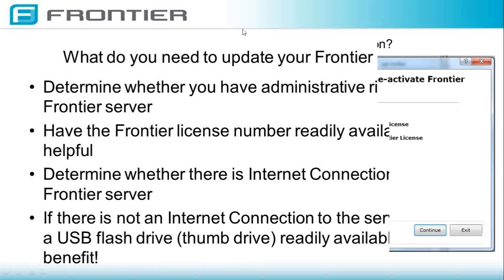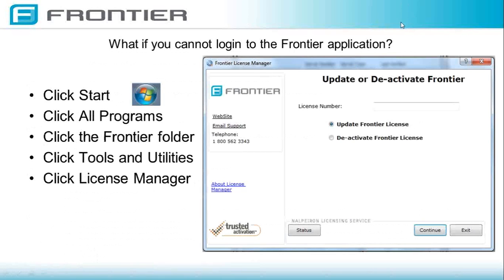So looking at the next option, let's say for instance you can't get into Frontier for some reason, but you can get into the actual server where the application is located. All you would have to do is click on the Start button at the Frontier server, click on All Programs, then click on the Frontier folder.